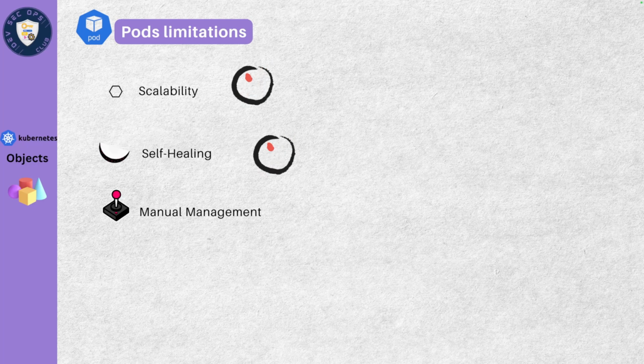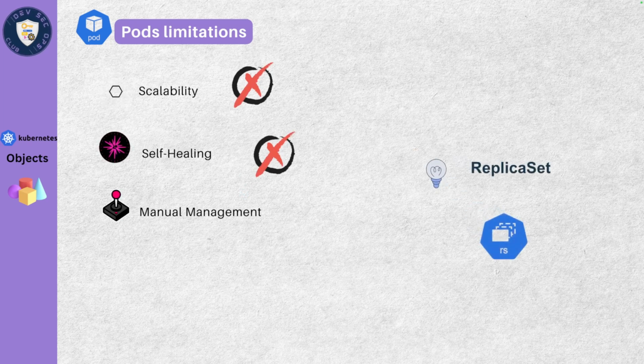Let's say kubectl run my first pod, my second pod, my third pod, that you have to do manually. There is no way to scale up automatically or scale back down either. If something happens, your pod cannot be restarted automatically, so self-healing is not possible. Of course, self-management too. So we have a solution, which is ReplicaSet, and that is our next topic, right?